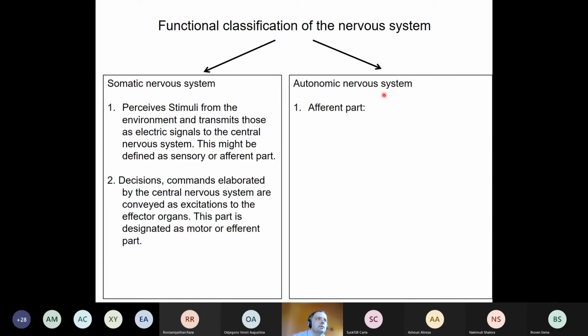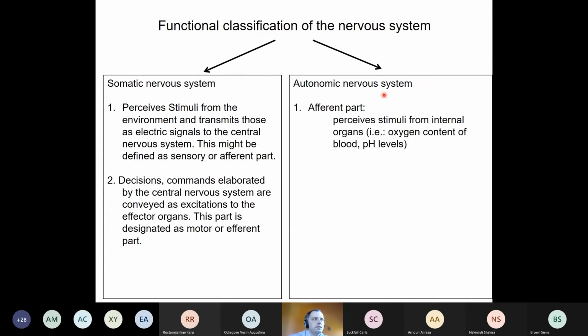And the autonomic nervous system is autonomic because it's independent from our mind, from our decisions, since it works automatically, and the brain decides without a higher order voluntary control what we want to do.